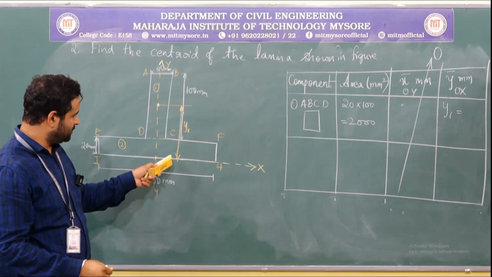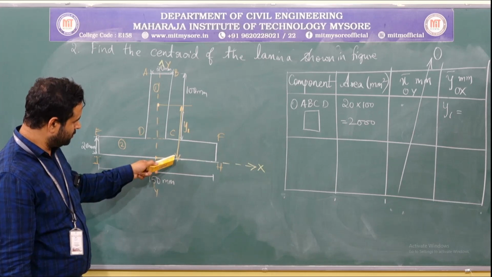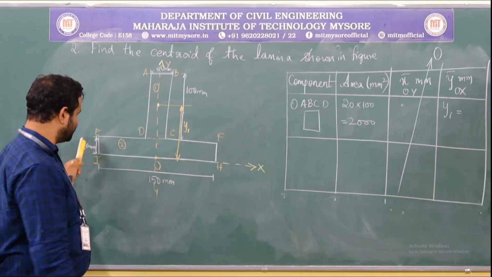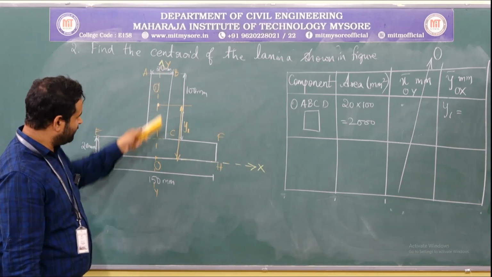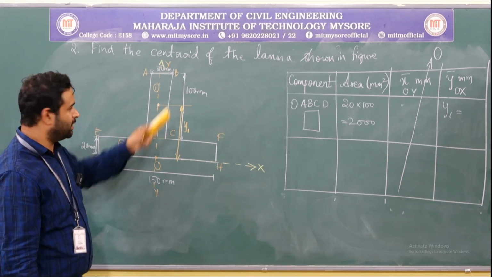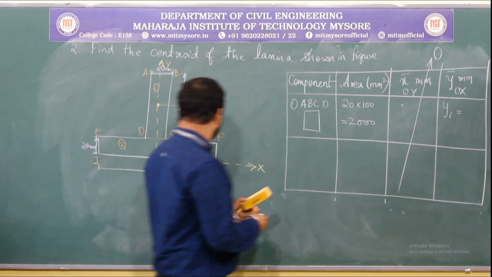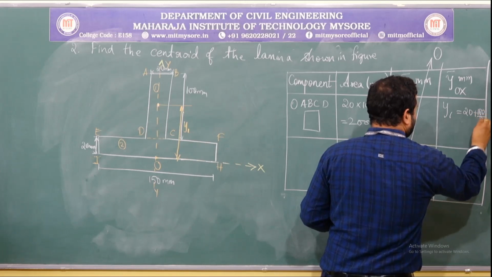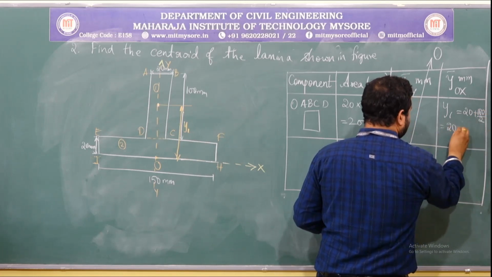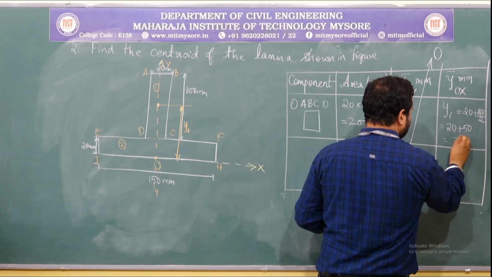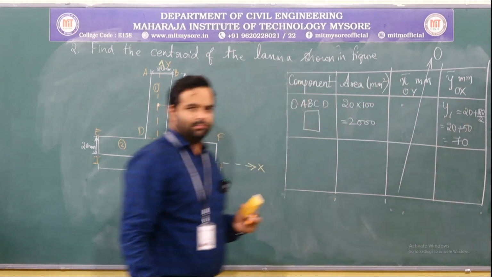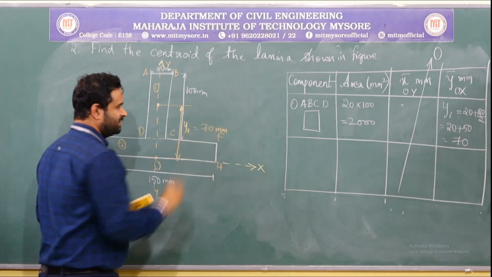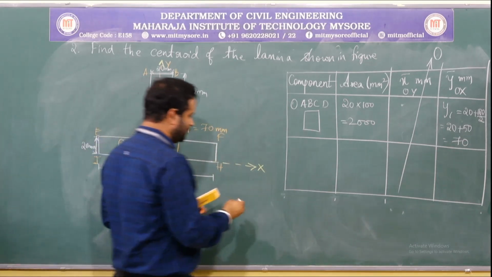So, if you look at this particular figure, y1 will be equal to the distance from this point to this point, that is from H to F, which is 20, plus half of B to C, that is 100 by 2, which is equal to 20 plus 50 is equal to 70 mm. Y1 is 70.